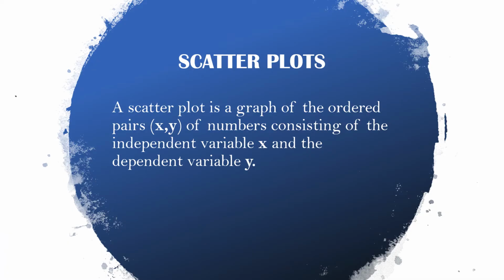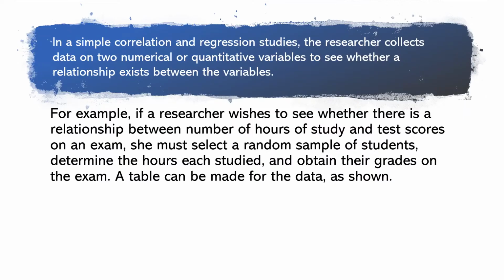A scatter plot is a graph of the ordered pairs of numbers consisting of the independent variable x and the dependent variable y. In simple correlation and regression studies, the researcher collects data on two numerical or quantitative variables to see whether a relationship exists between the variables.